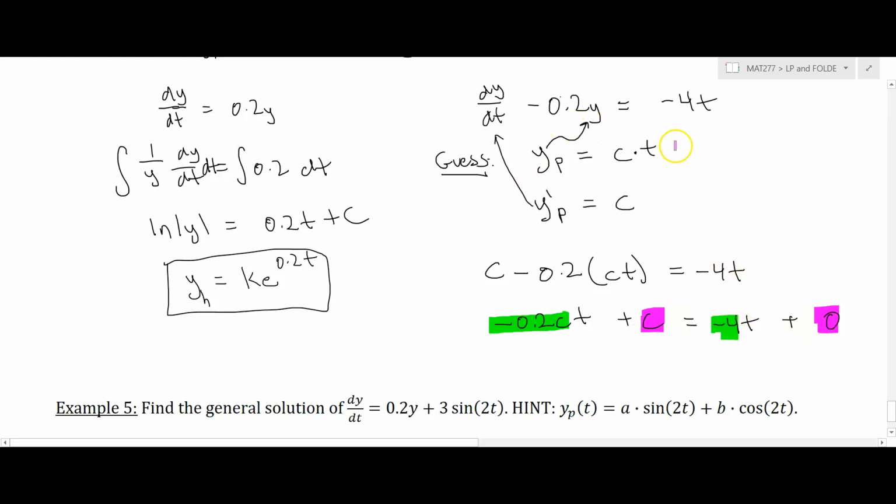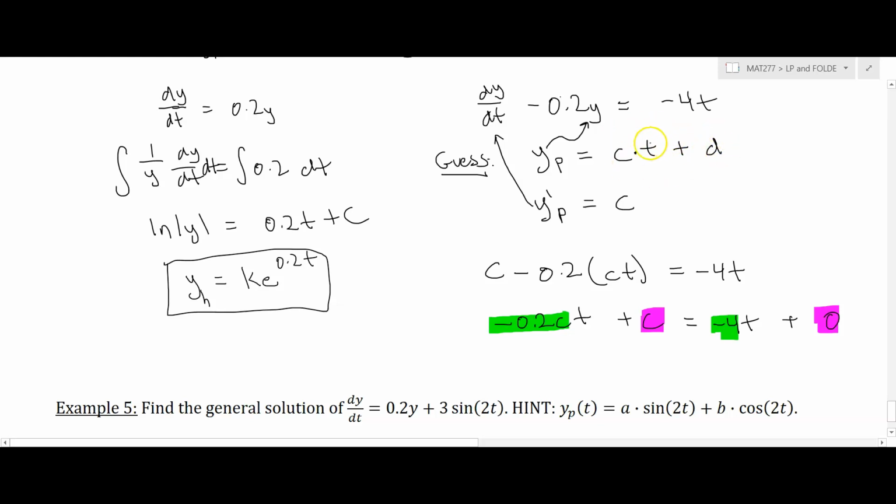So one way around this is to say, well, I kind of need another dial to be able to turn here. And the trick to problems like this is that if you know your solution, your function needs to be linear, then start off with a full-blown linear equation. So make this ct plus d.